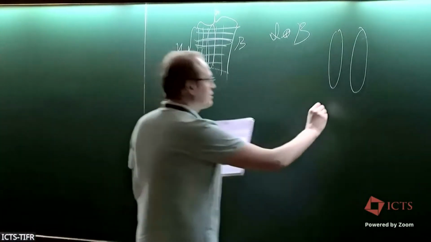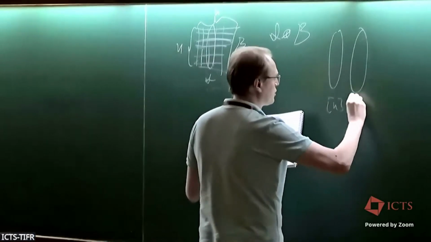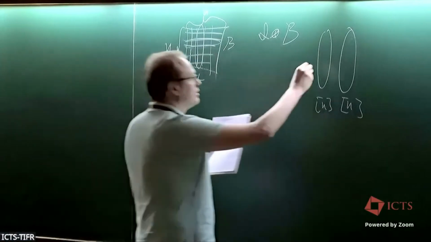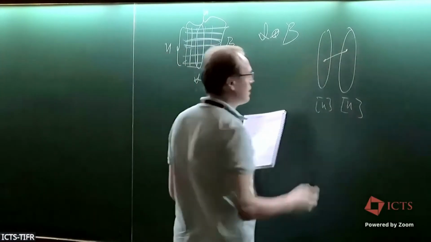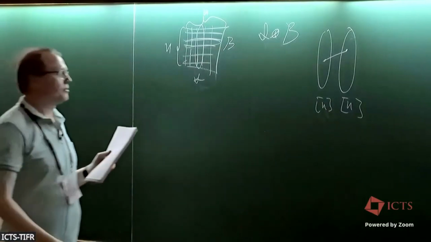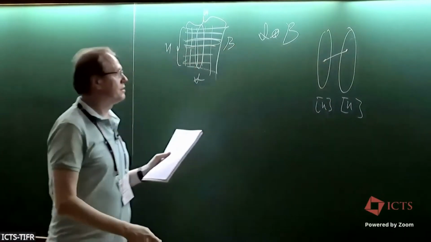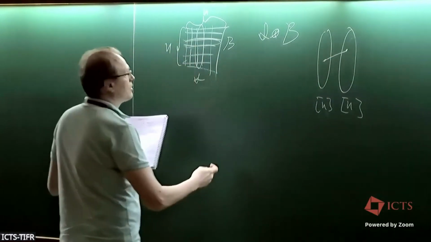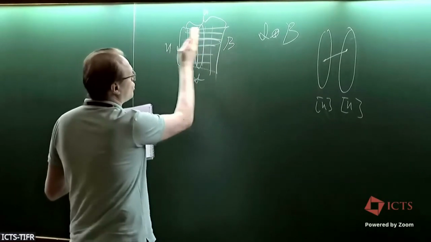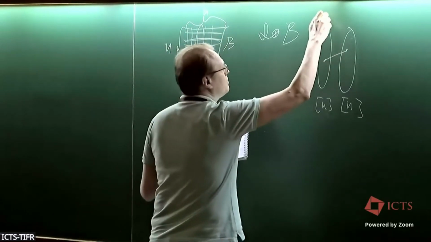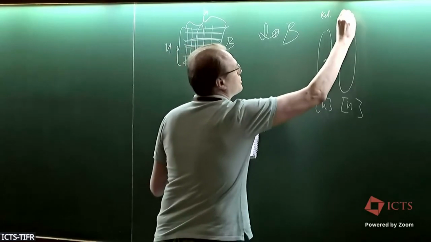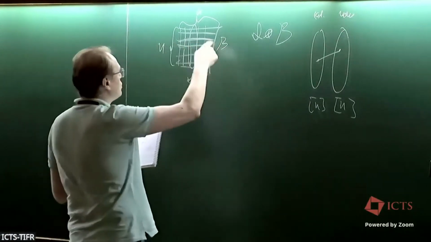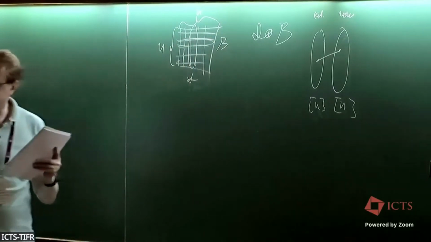We can consider a bipartite graph with two parts, and in fact a complete bipartite graph, so we have an edge for every pair of vertices. When we fix a vertex here, for example a column, this corresponds to a column, and this corresponds to rows. When we fix a column and a row, we fix some element of this matrix.